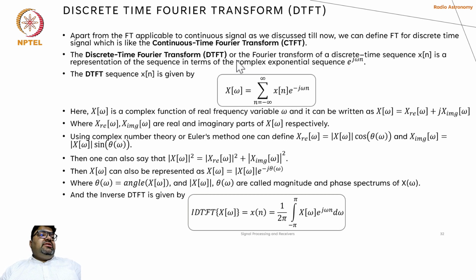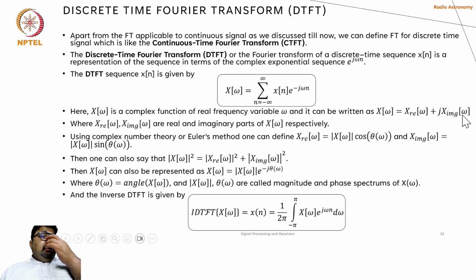For a discrete time signal, it's called discrete time Fourier transform. It's defined like this: the DTFT of the sequence x(n) is given by X(omega), the sum with n going from minus infinity to plus infinity of x(n) e^(-j omega n).